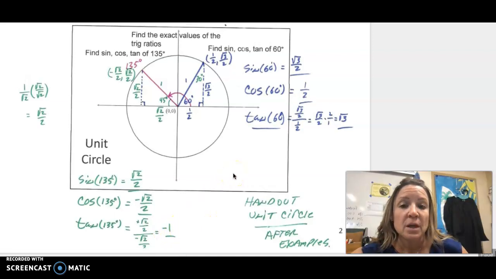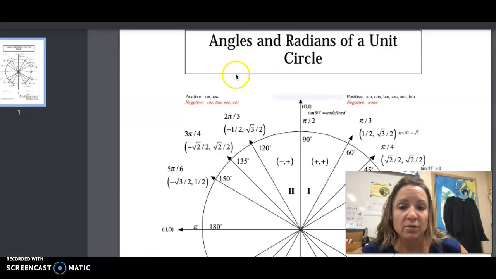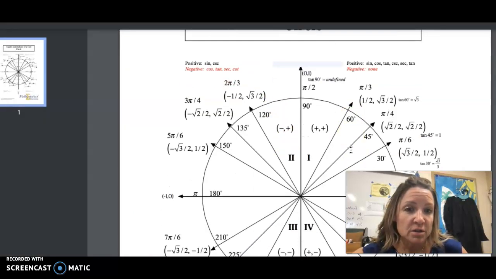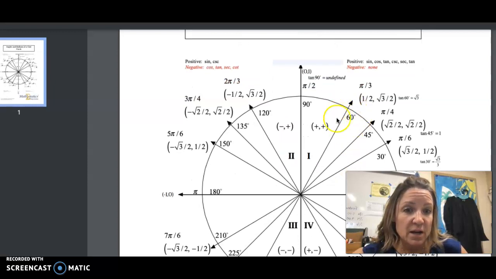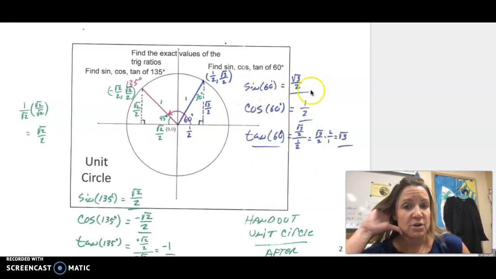Okay? Let's also find the sine, cosine, and tangent of 60 degrees. So I'm going to pop back over to the chart, and 60 degrees is right here, which puts us at (1/2, √3/2). So our sine of 60 is √3 over 2.